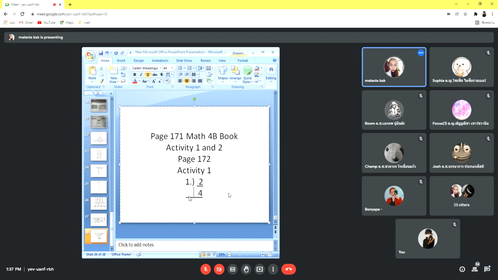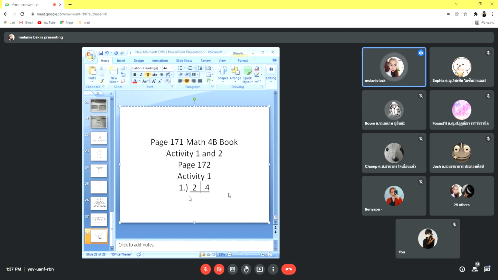Just a moment, children. I'm just going to underline this one. Then after that, we're going to underline this one. And then for the next, we have figure 1 is a square or a rectangle, children? Square.